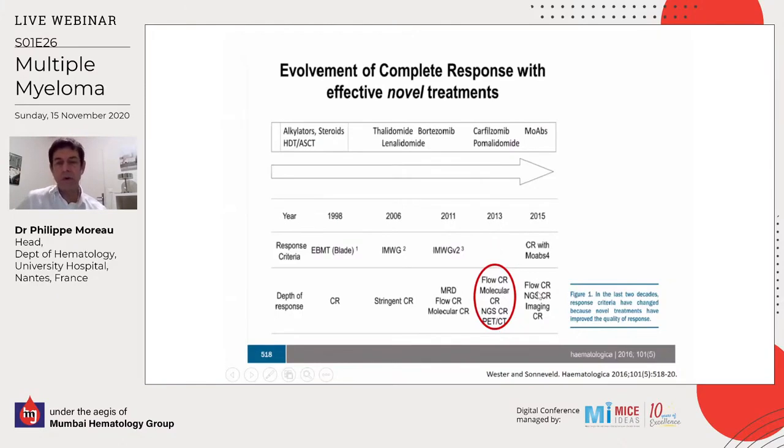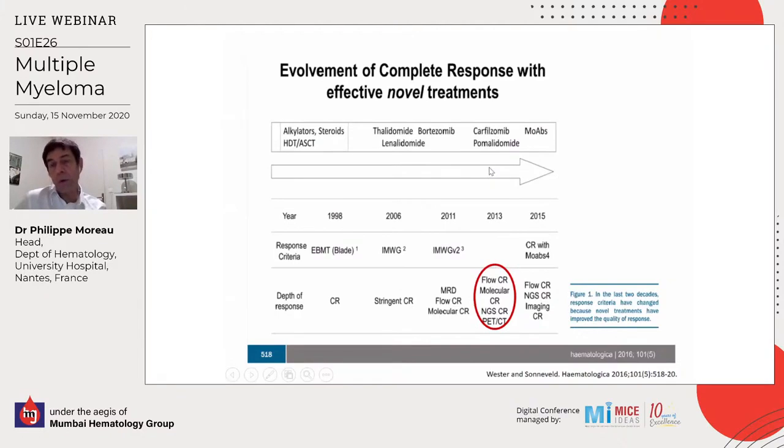And this paper from Dr. Sonneveld in 2016 nicely shows the evolution of the response criteria: EBMT, Blade, International Myeloma Working Group version 1, version 2, and now we can assess the minimal residual disease within the bone marrow, but also outside the bone marrow with imaging techniques such as PET-CT.